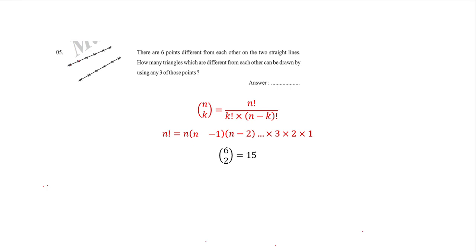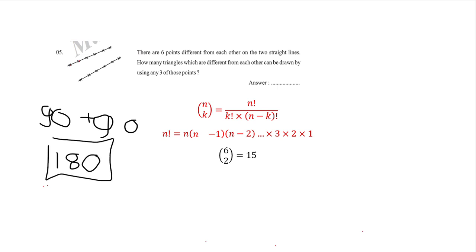So here also the same amount will be there, 90. So we can just easily add 90 plus 90, which will be 180. So this is the final answer for our problem. 180 is the number of triangles that we can draw.